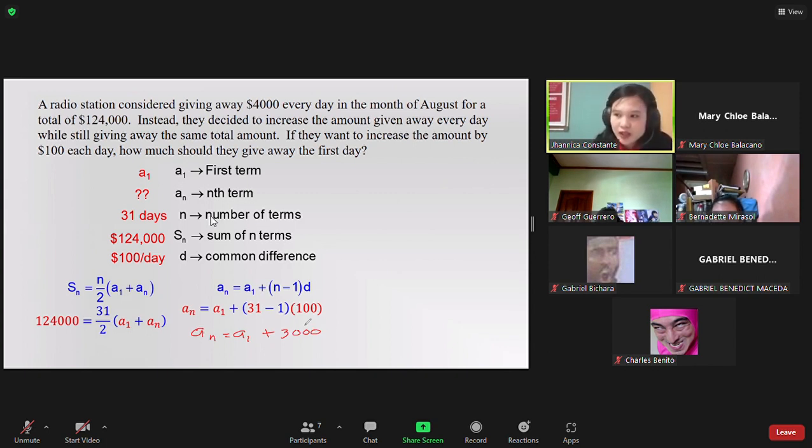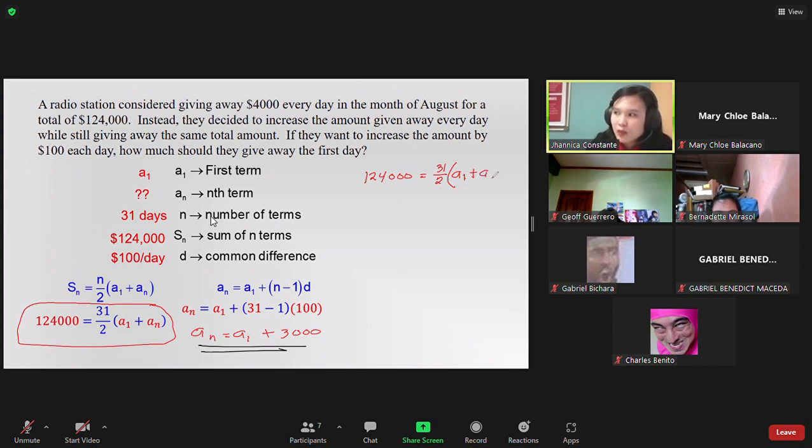Since we have already the value of our an, we can now proceed in solving for our first term using this formula from the arithmetic series, which is 124,000 equals 31 divided by 2 times the value of the first term plus an. The value for our an is the first term plus 3,000.